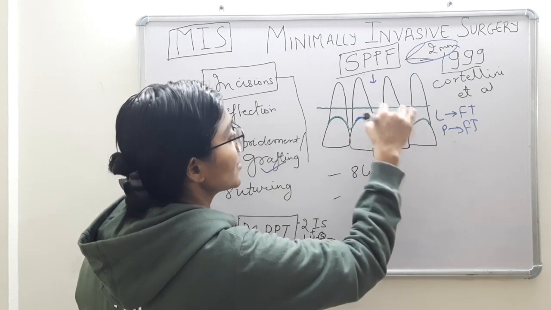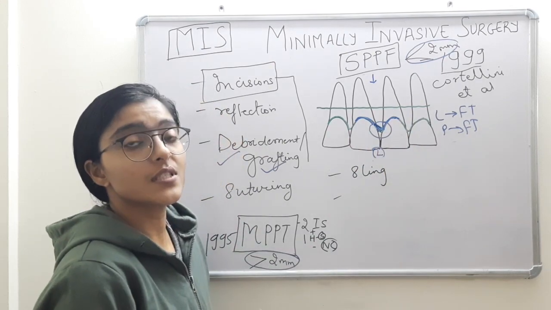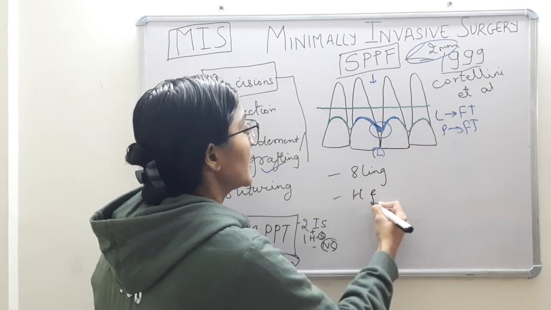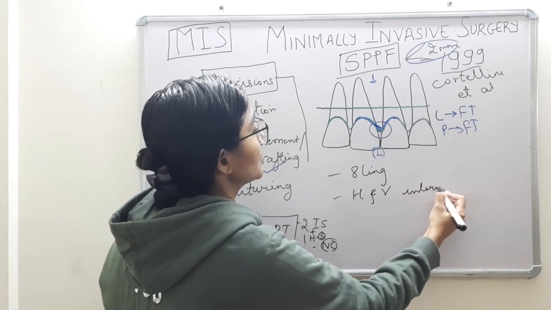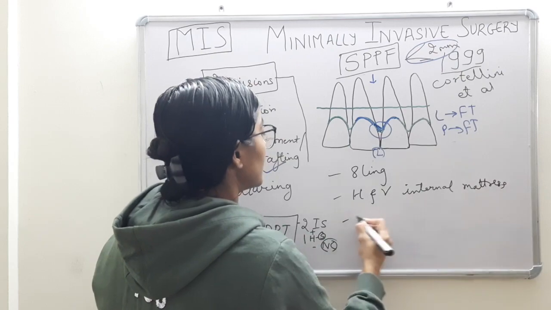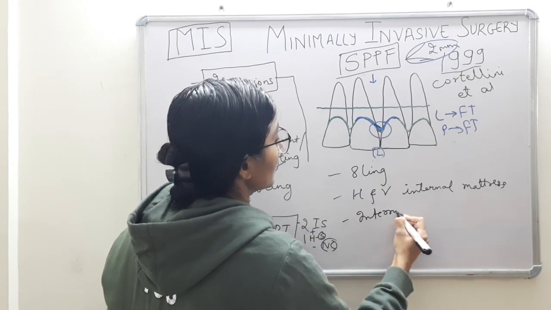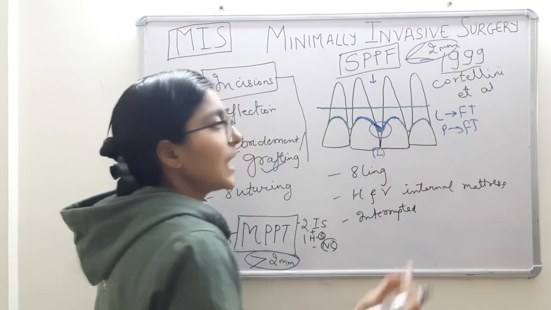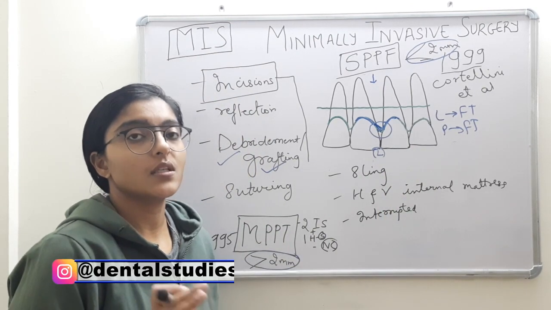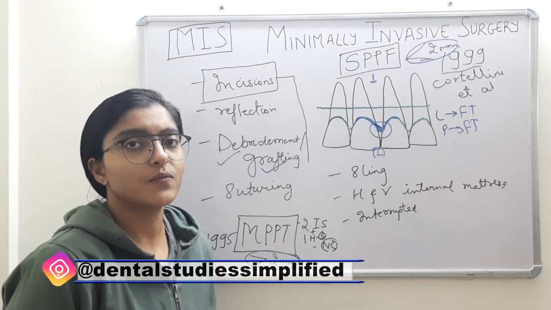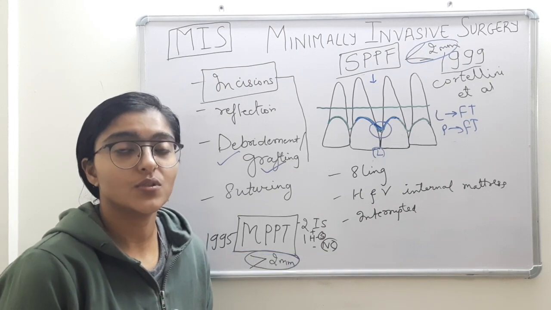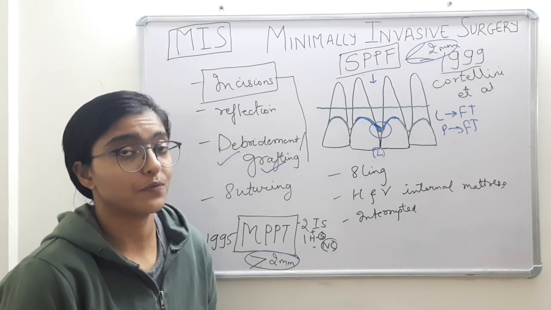For this special interdental tissue which is approached by SPPF, we have horizontal and vertical internal mattress suture, and elsewhere interrupted sutures. Okay. So this is how suturing is performed. Periodontal dressing, I repeat once again, is not indicated if regenerative surgery is performed, because it will cause unnecessary pressure or disturbance to the regenerative approach that we have performed there.